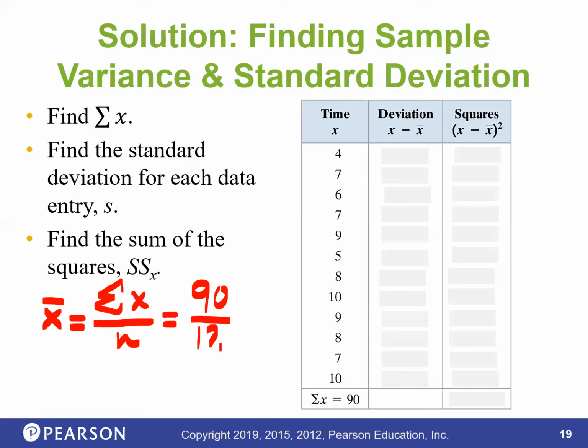There are 12 different numbers. Punch that into your calculator, and you should get 7.5. Then the fun begins. We're going to go back to our list here. Now it's going to be 4 minus 7.5. What is 4 minus 7.5?